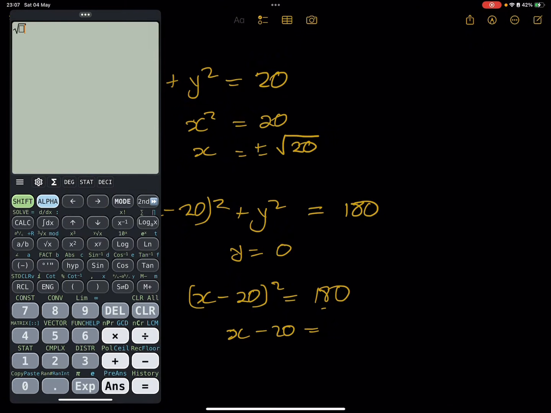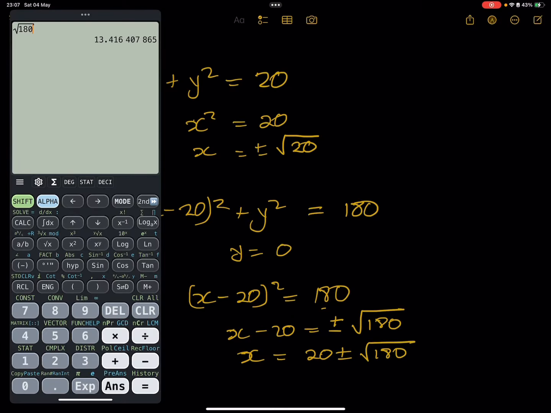I'll just leave it as square root 180. So x would be 20 plus minus the square root of 180.